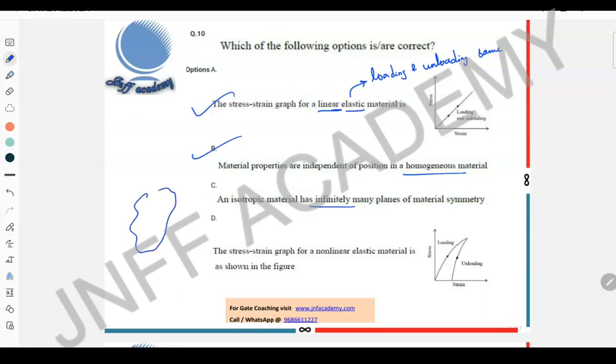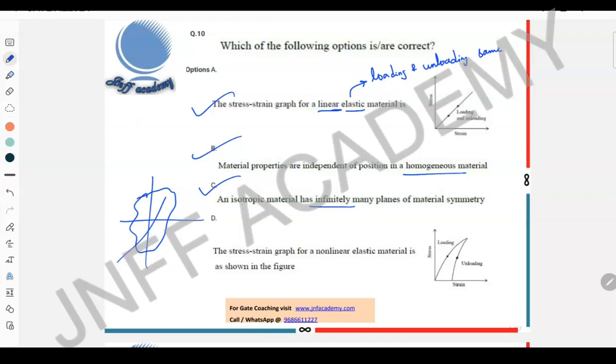For example, you have the core material like this. You are scooping out along this direction or this direction or this direction. Whatever direction you take, it will give the same Young's modulus and Poisson's ratio. The material property will not change, which means this material has n number of material property symmetry. So this option is also correct.